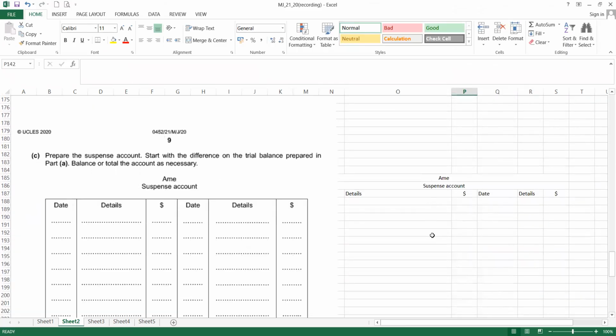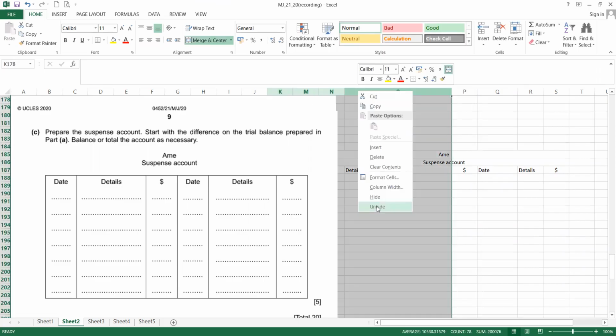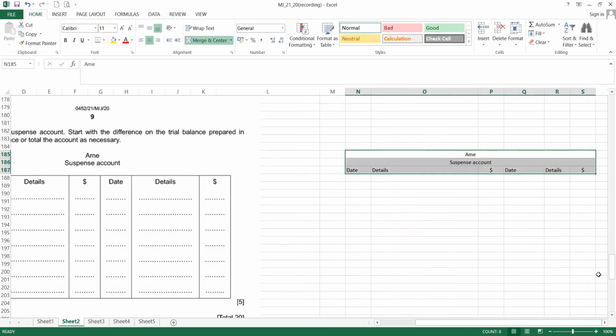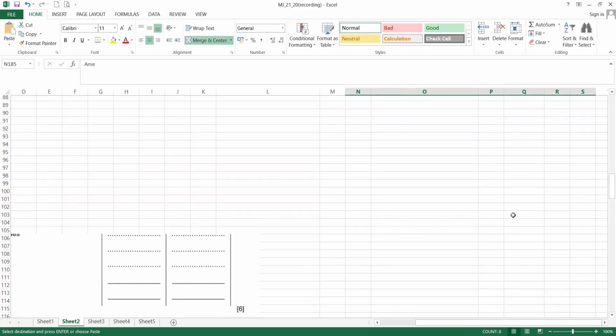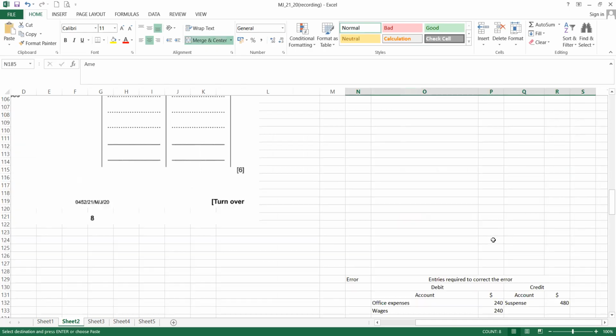Okay, now let's continue. Here they ask to prepare the suspense account. Start with the difference on the trial balance. So what is the difference on the trial balance? Let's go up to the question and see.